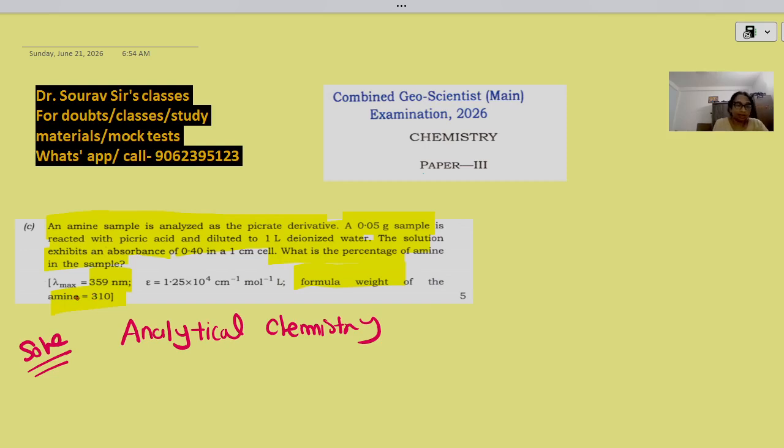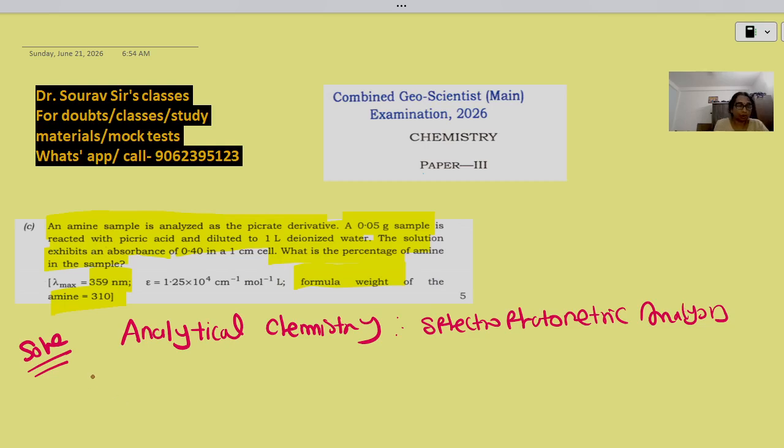Here the lambda max is given. Lambda max is generally used in spectrophotometric analysis. It is a part of spectrophotometric analysis, so this method is based on photometric analysis.